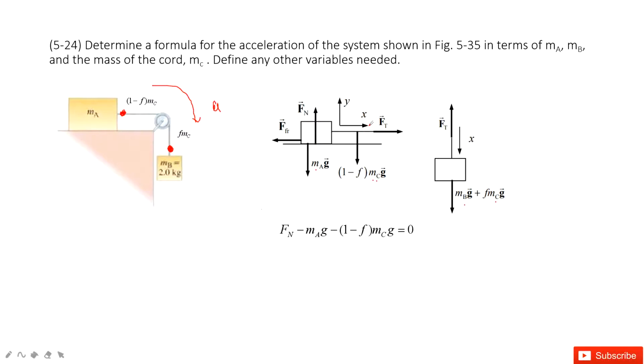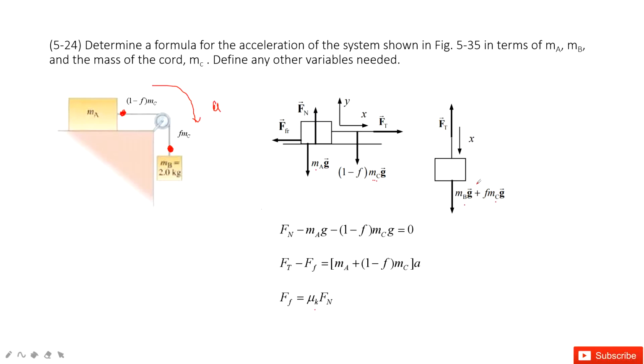In the x component, we have the tension minus the friction equals mass times acceleration. In this case, the total mass is m_A plus (1 minus f) times m_C. Do you agree? Yes. The friction in this case is just the coefficient times the normal force.